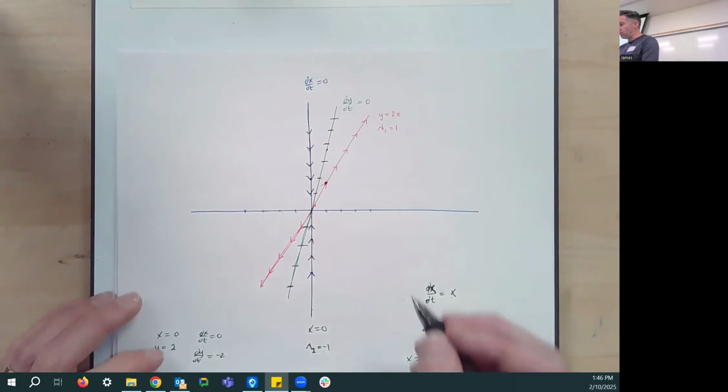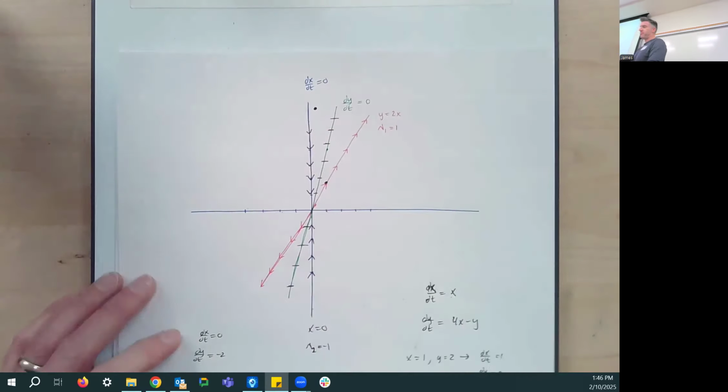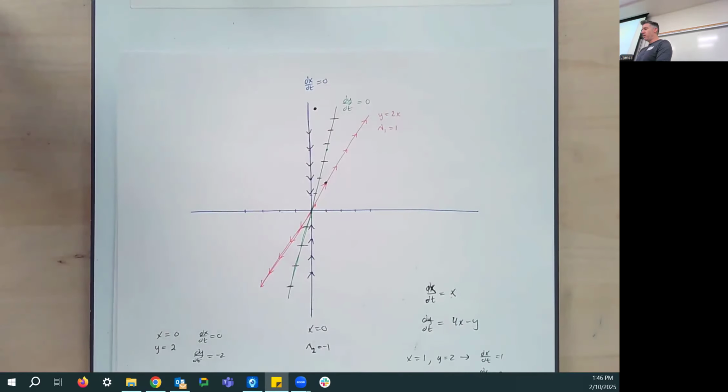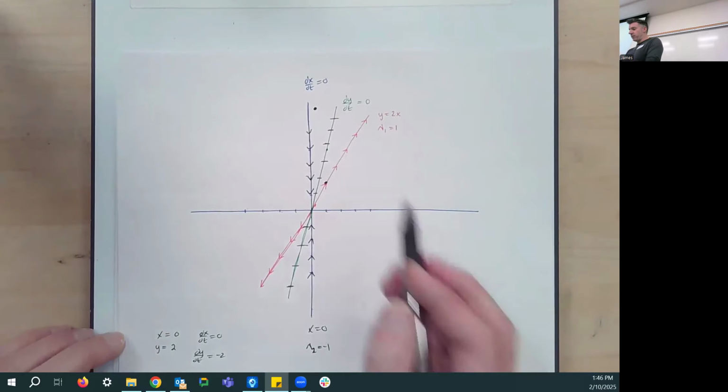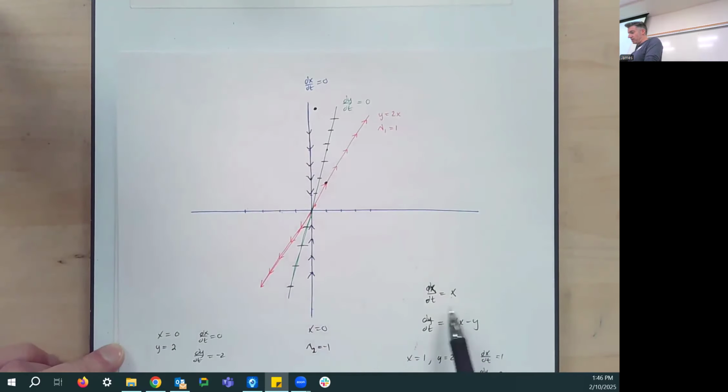So let's say we pick a starting point like up here. If I pick that starting point, which way am I getting pushed? Well, I could plug it in. This could be like 0.5 comma something. If x is 0.5, my dx/dt is going to be 0.5. And if y is some large thing, dy/dt is probably going to be negative.